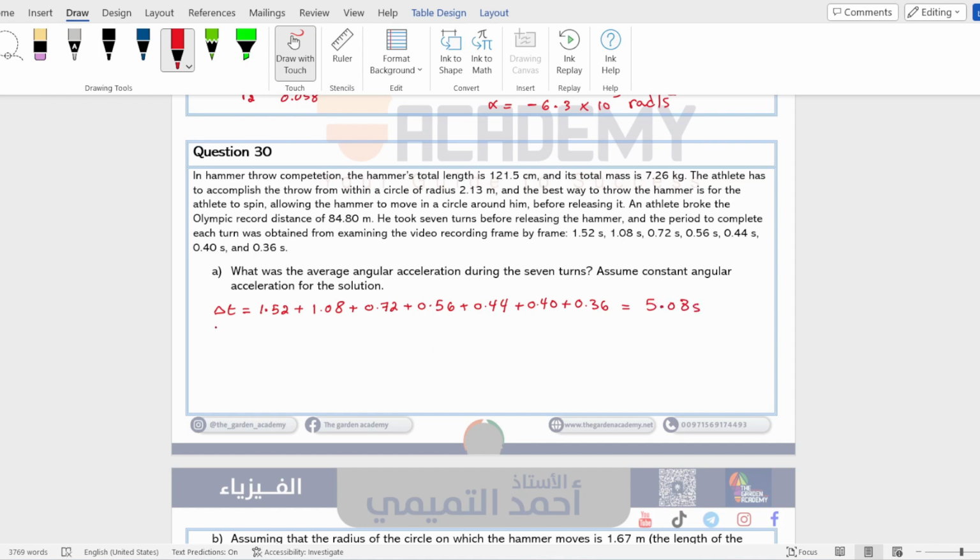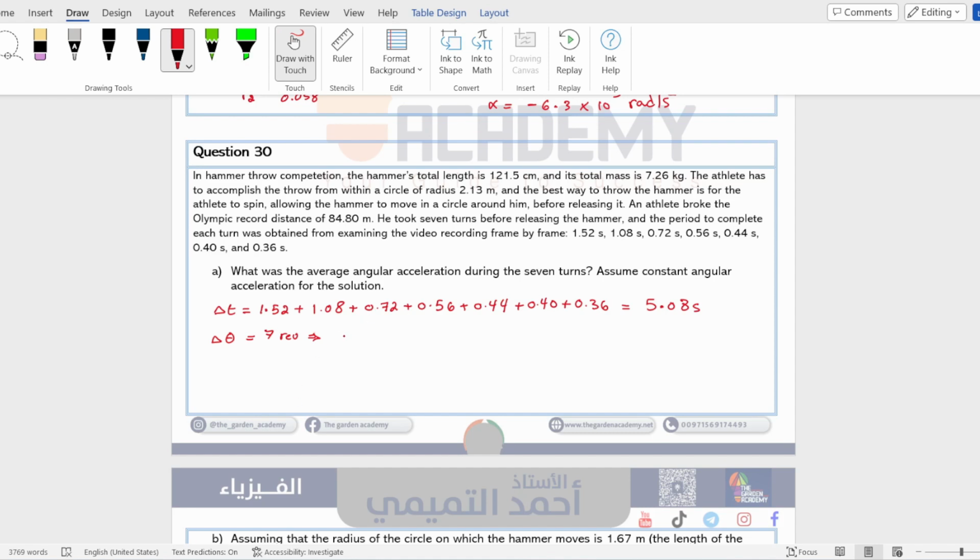Now let's find delta theta. What is the angular displacement? We know it's 7 revolutions because the athlete made 7 turns. How to convert that to radians? Because we usually use radians, radians per second, radians per second square, and time in seconds when we substitute in the kinematics equations.